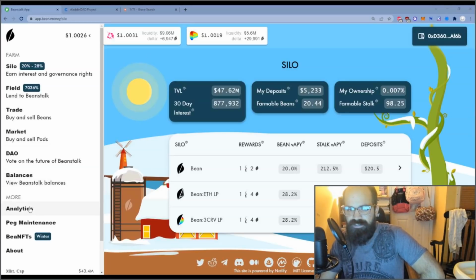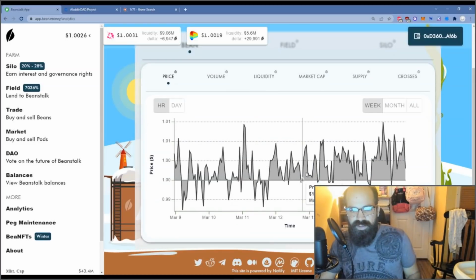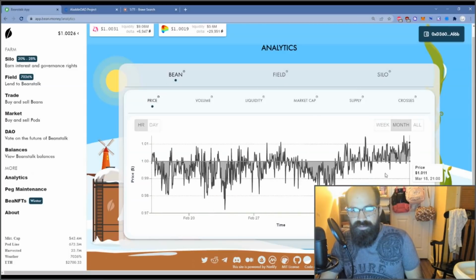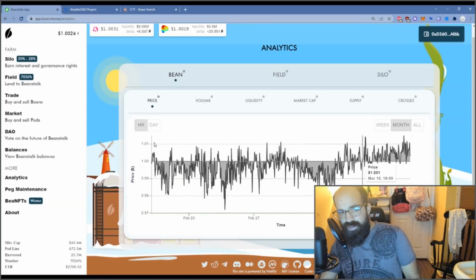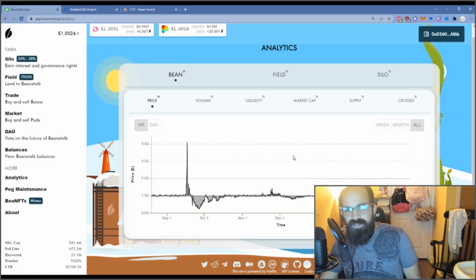We can actually look at the analytics just super quick. Where's the Dune? Okay, is this the price? Yeah. Let's look at month. Okay, so you can see that it's pretty well pegged. Let's go all. Yeah, so in October, this is where things got pretty hairy.